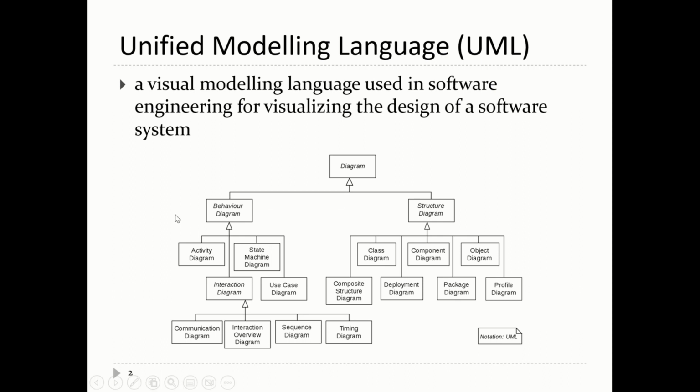And then you can have what are called behavior diagrams, which is how your program behaves. And then you can have your structure diagram, which describes the structure of your program. We're really only interested in this thing here, the class diagram. So we're interested in one of the many types of structure diagrams that you can have.